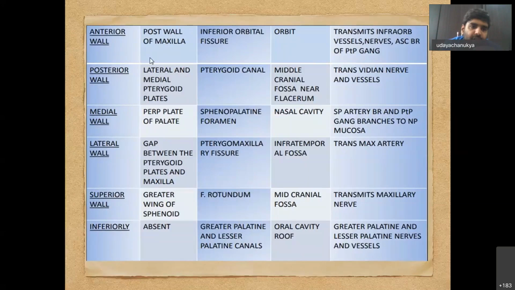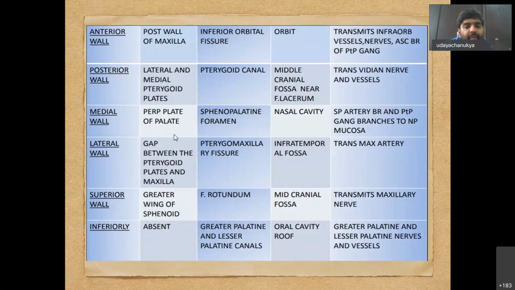The posterior wall is formed by the pterygoid process, communicating with the middle cranial fossa via the pterygoid canal, transmitting the vidian nerve and vessels. The medial wall is formed by the perpendicular plate of the palatine bone, communicating with the nasal cavity via the sphenopalatine foramen, transmitting the sphenopalatine artery and branches and pterygopalatine ganglion branches to the nasopharyngeal mucosa.